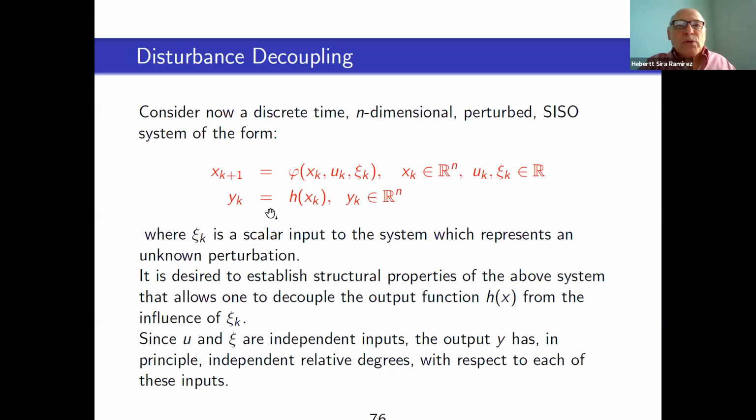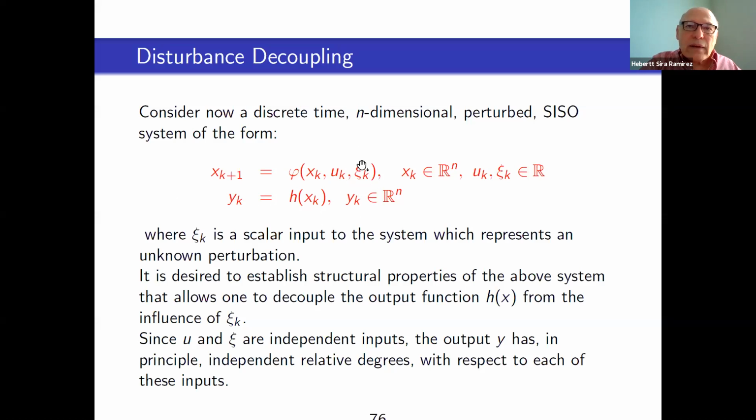So with two inputs affecting the system and the presence of an output that you have already chosen or that the system is allowing you, you have possibly two relative degrees. One is the relative degree of the control input associated with the output. So the relation between the output and the input is measured via a relative degree.